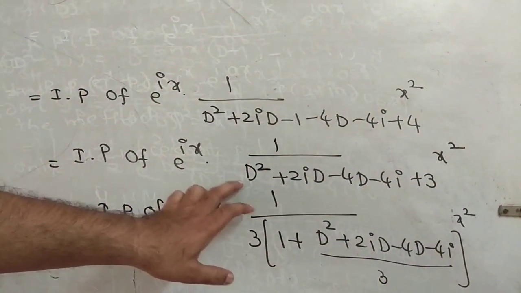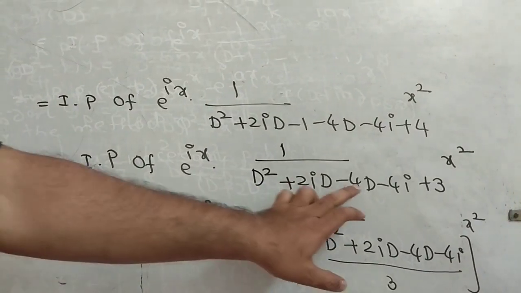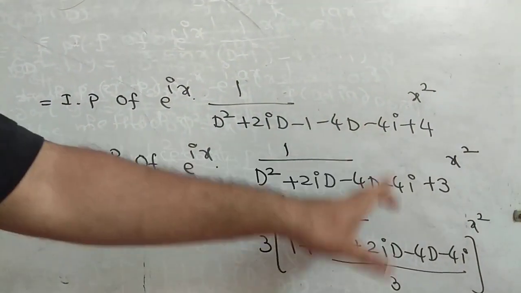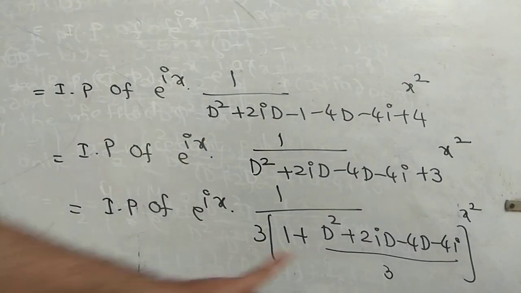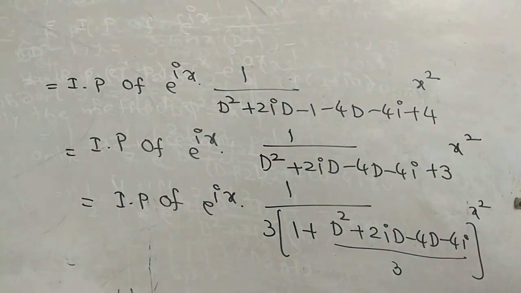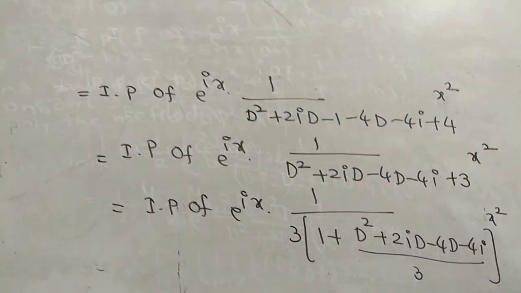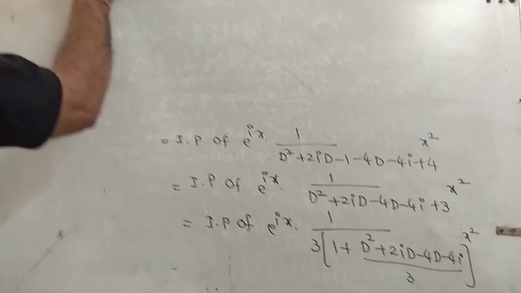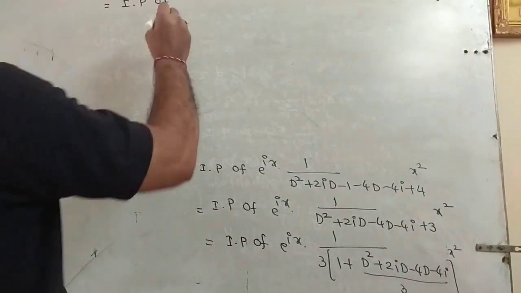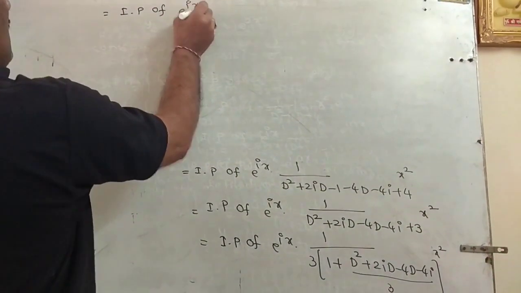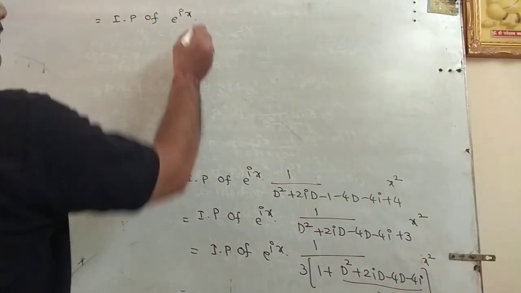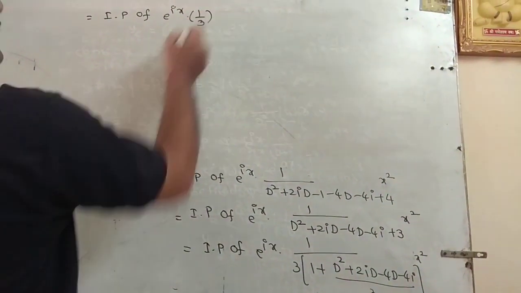So this is about your D squared plus 2iD, and this is minus 4D, that minus 4i plus 3. So 3 I am taking common, and that I am taking to the numerator. It is equal to the imaginary part of e to the power ix as it is, with 1 by 3 there.